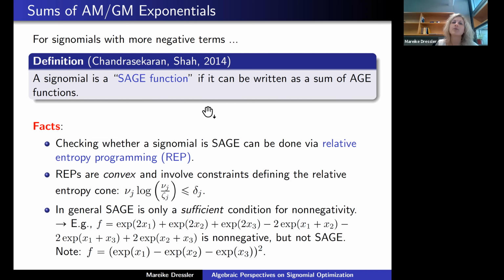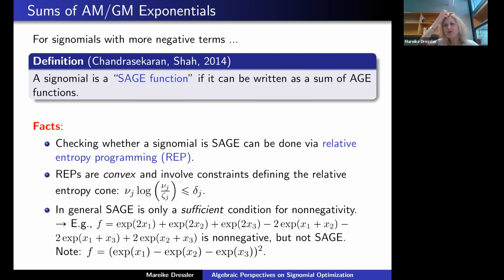So again, if we have more than one negative term, and we can write this signomial as a sum of H functions, we call this a SAGE function, and I can check if a signomial is a SAGE function via relative entropy programming.